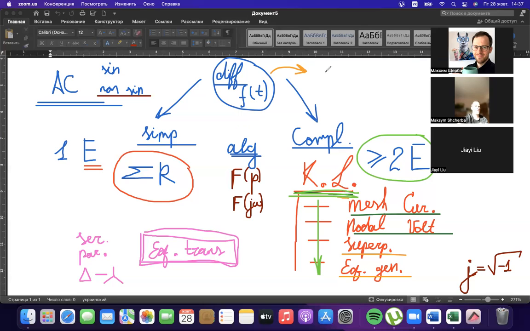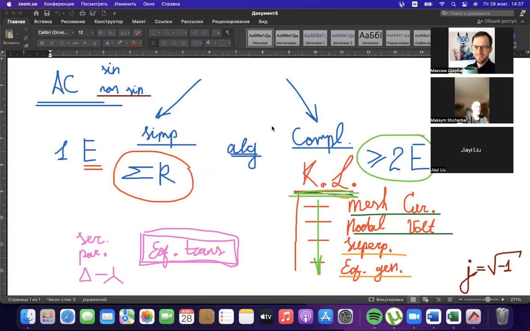After these Fourier transformations, using the superposition method, we will have a couple of sinusoids. And for all these sinusoids, we can implement complex numbers and transform to algebraic equations in operational form. It is just the general view of what we will do during our discipline, but these additional steps will come a little further on.